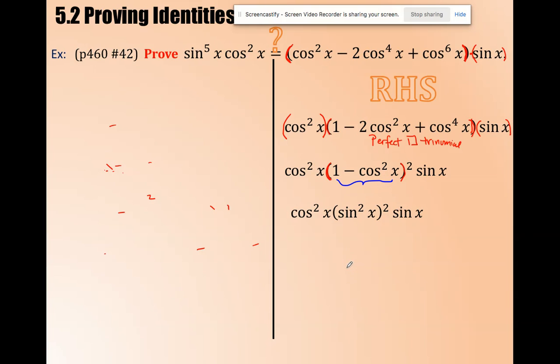It's sine squared. Now I have sine squared, but that's all squared. So what is this? Sine squared squared is sine to the fourth, times another sine x is sine x to the fifth, and then I have cosine squared out front. Check, check, I matched the left-hand side.